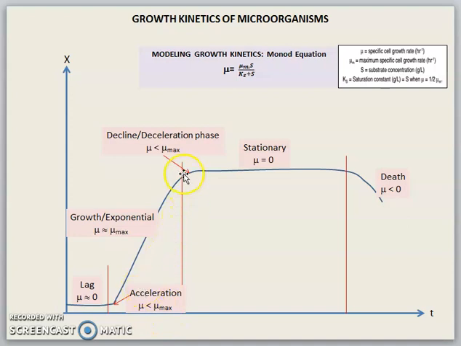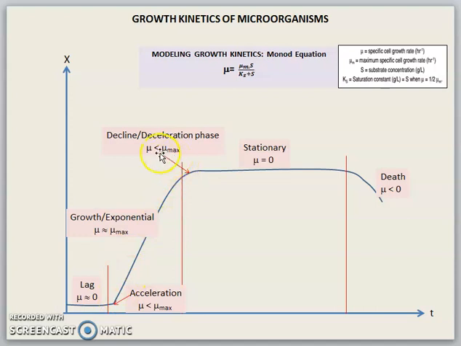This is the important part, which is the growth or exponential phase. In this growth and exponential phase, mu will be equivalent to mu max. So in order to identify the mu max, we have to use the data at the growth or exponential phase.